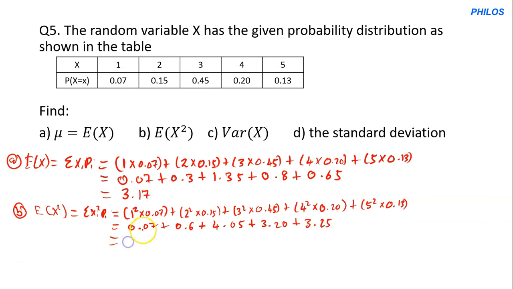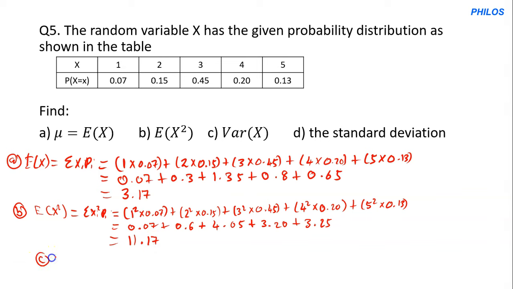So when we add 0.07 plus 0.6 plus 4.05 plus 3.20 plus 3.25, we get 11.17. So the expected value of x squared is 11.17. So let's proceed to question C.